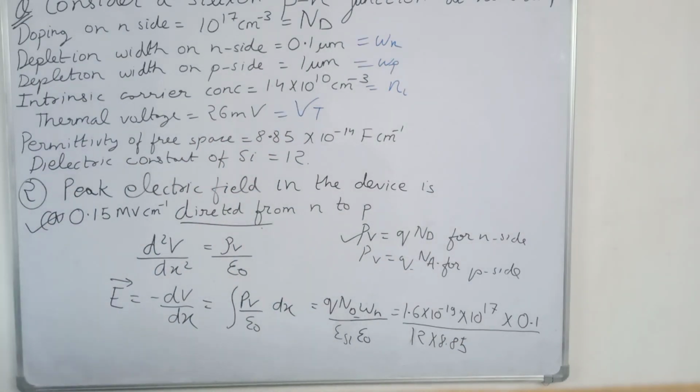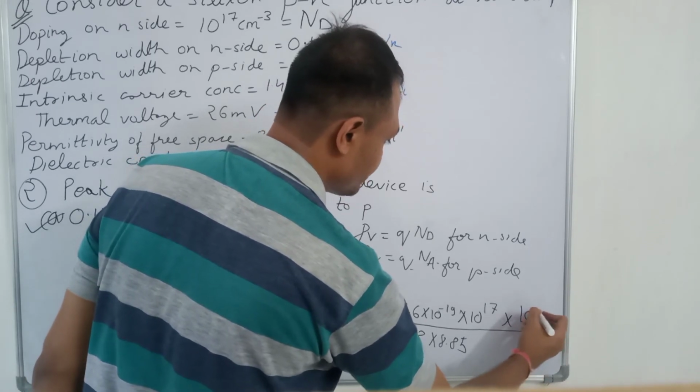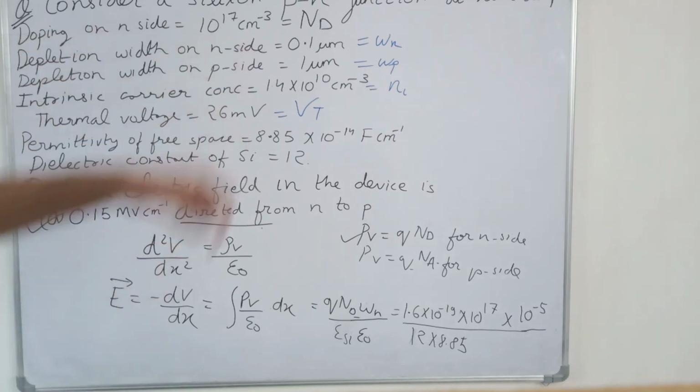If you substitute these values, you will get the answer. The width is in micrometer, so you can convert it into centimeter. It will be equal to 10 to power minus 5 centimeter, because all these are in centimeter.